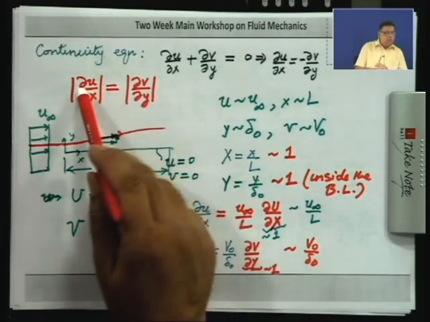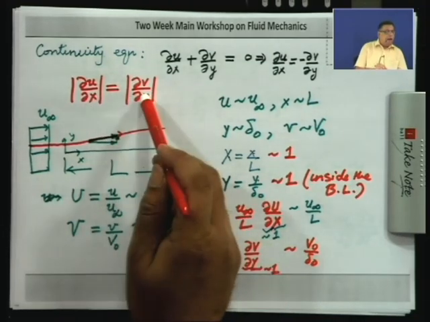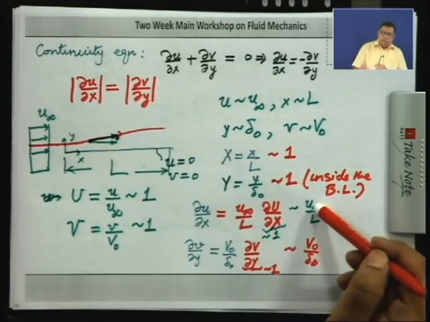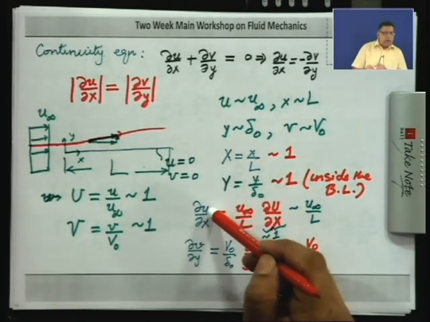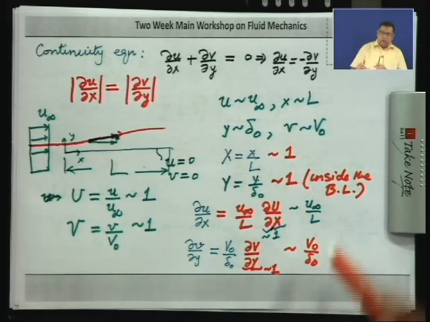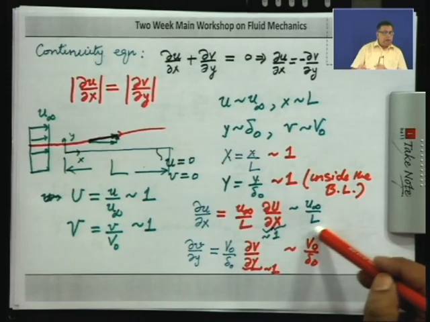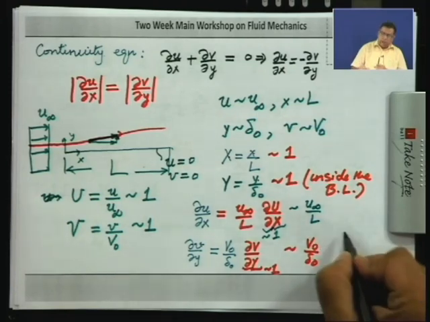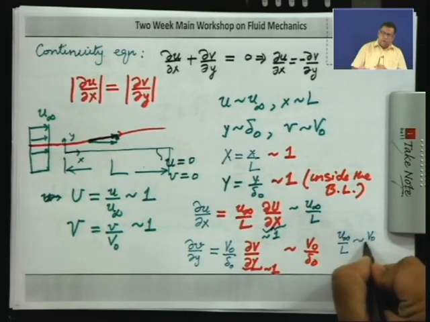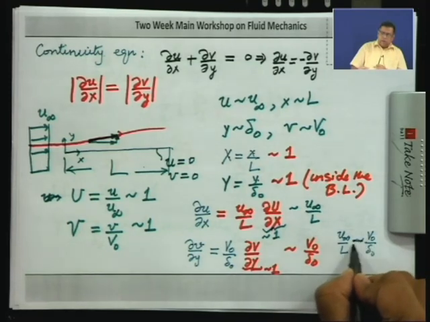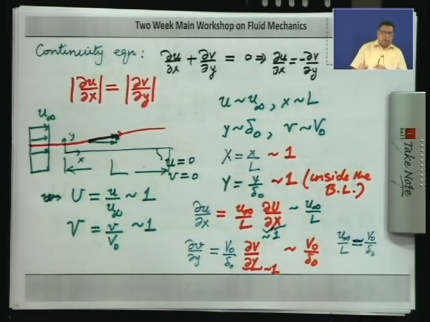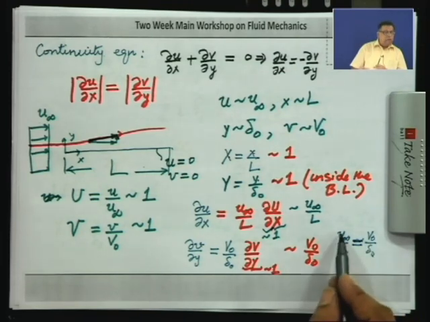Now, this equation has told you that del u del x and del v del y magnitudes are the same. That means, the order of magnitude of del u del x and del v del y must be the same. So, u infinity by L must be of the same order as v naught by delta naught. So, we have an estimate here, u infinity by L of order v naught by delta naught. So, without loss of generality I can say these are equal. So, from here we get a relation between v naught, delta naught, u infinity and L.